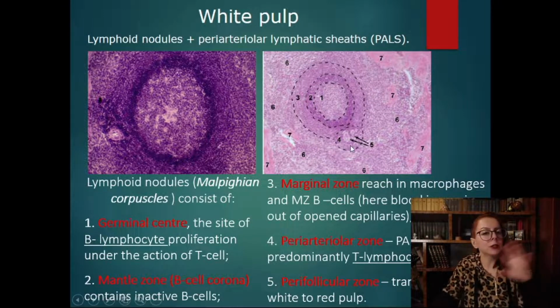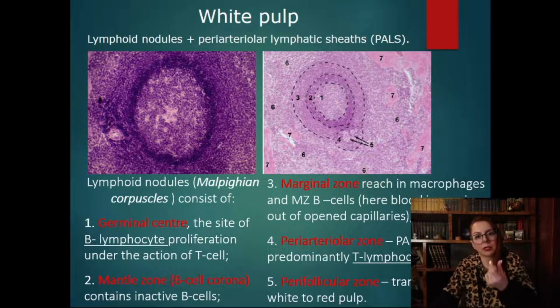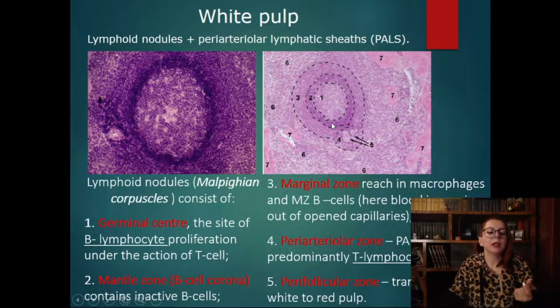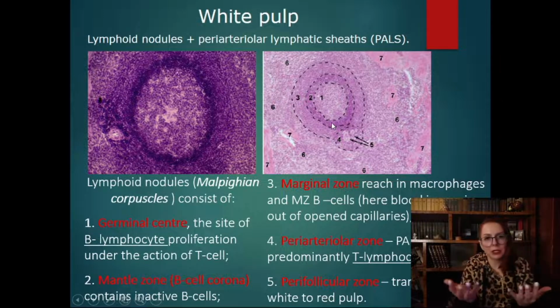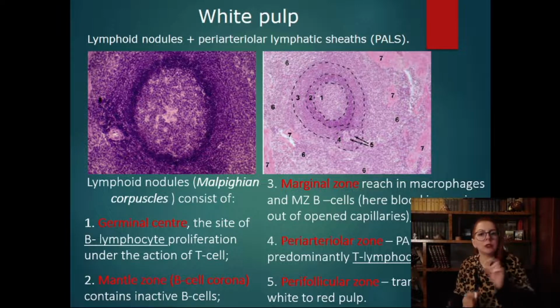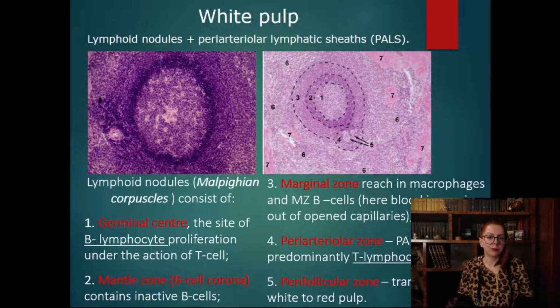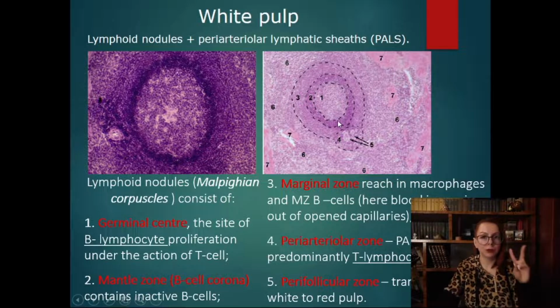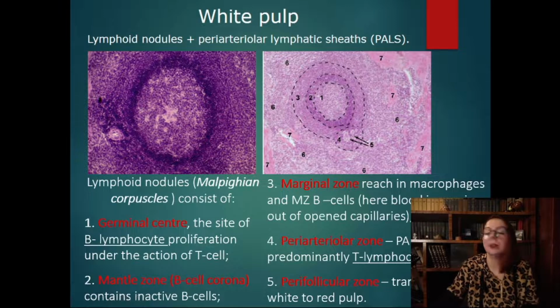Here among different T cells, only those are activated with T cell receptors fit for this antigen. Then such T cells proliferate, increase in number, and go to the B cell zone here. And among different B cells, they activate only those with antibodies fit for this particular antigen. And after that, activated B cells have two fates.